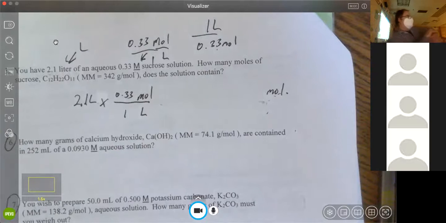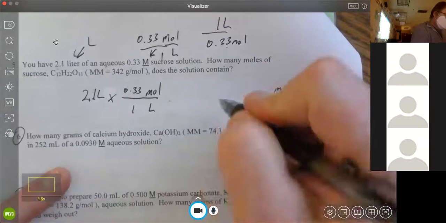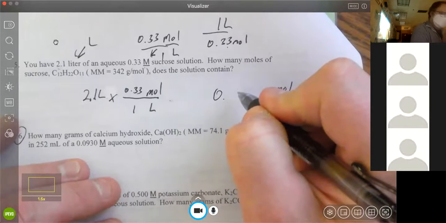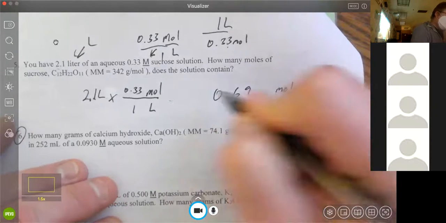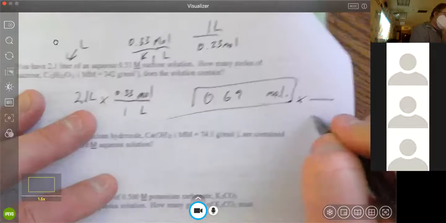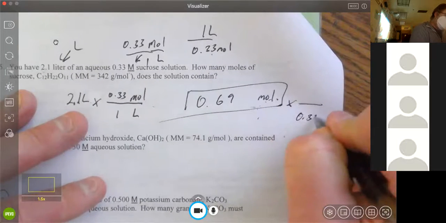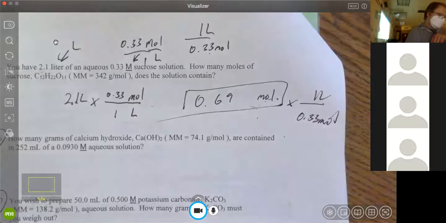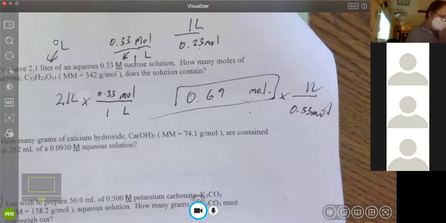2.1 times 0.33. How many significant digits will this have? 2, so 0.69 moles. Now watch this. 0.69 moles. Well, every 0.33 moles is 1 liter. 0.69 divided by 0.33.